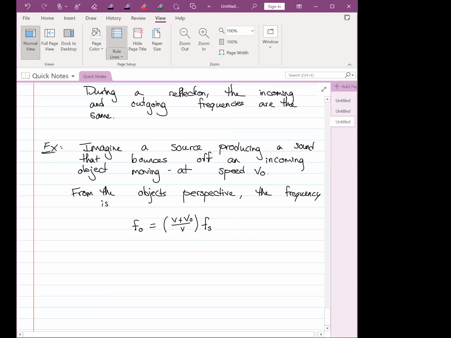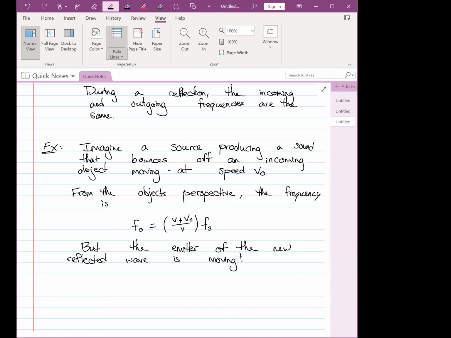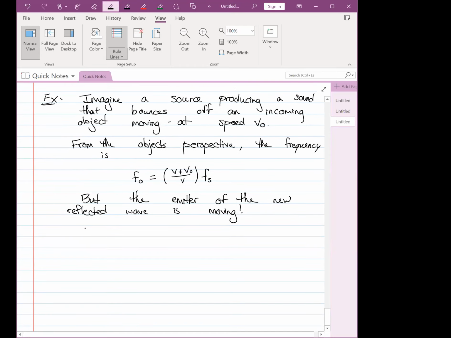But that wave is sourced from a moving object. The emitter of that wave, in this case the truck or the object that's moving, is emitting the new reflected wave. And so when the reflected wave bounces back and hits the original source, which maybe also has a microphone attached to it, like a radar or a sonar dish, there will also be a Doppler effect applied there.